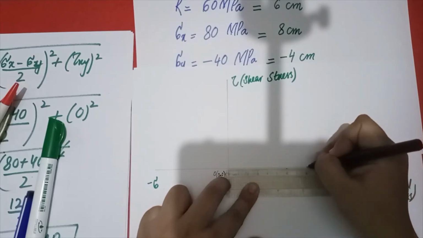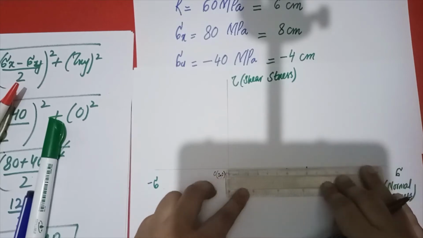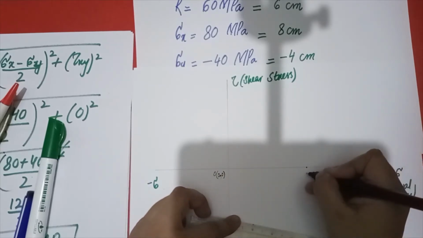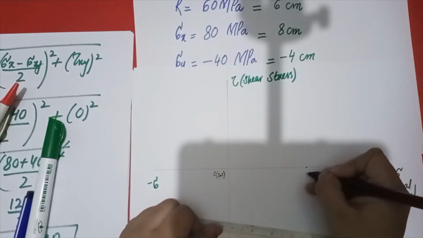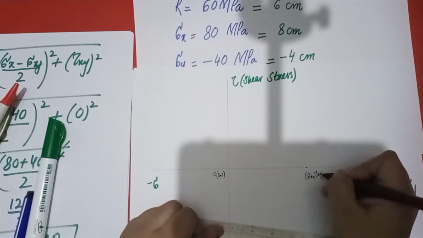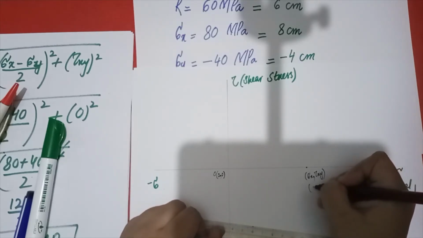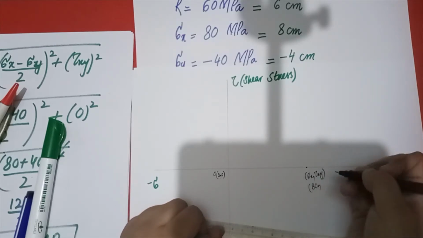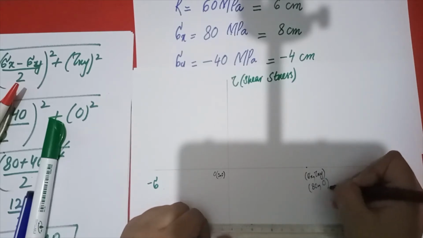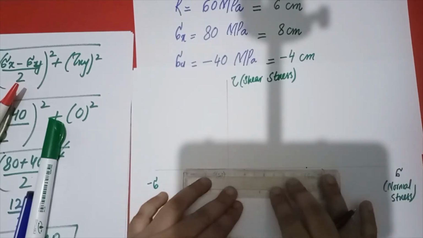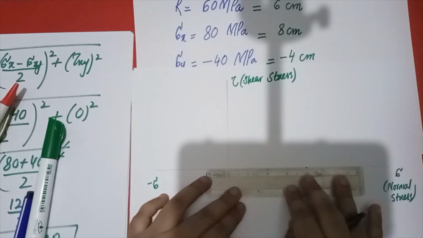So 8 centimeter should be here, because it is sigma x. So let me write it down here: this point is sigma x comma tau xy, but in this case tau xy is 0. Sigma x is 80 MPa. I will not write down the centimeter value, I will write down the original value. So now I am moving towards here.